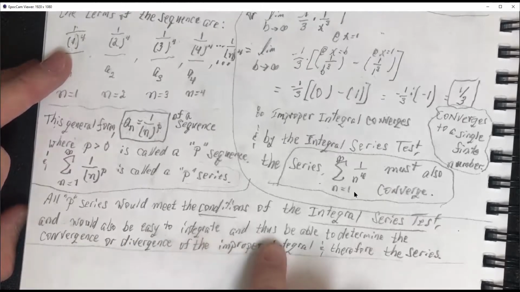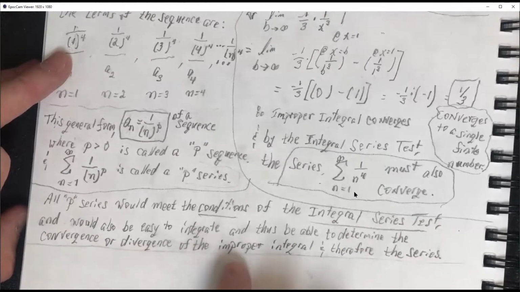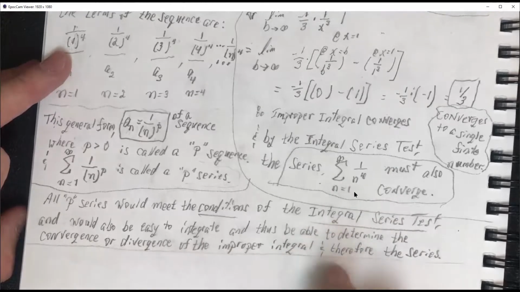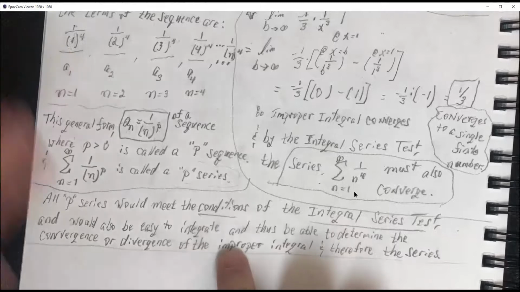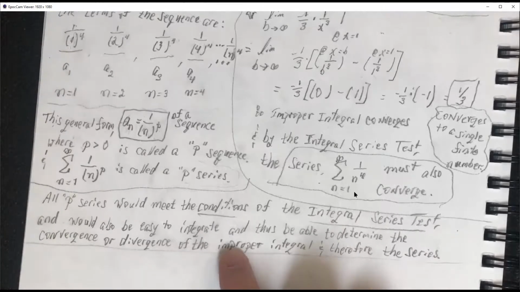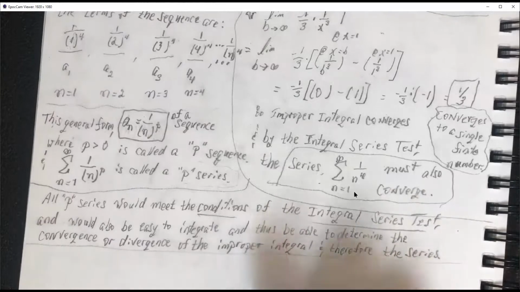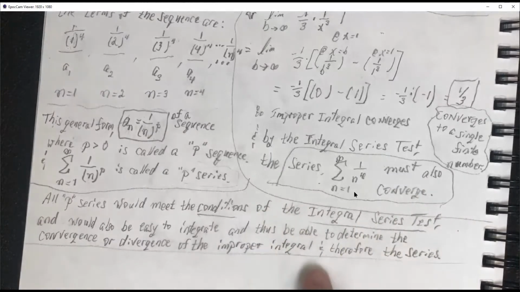Thus, we would be able to determine the convergence or divergence of the improper integral, like we did up here. Once we've determined that, then the series, which was our initial question to explore and analyze, does the exact same thing as the improper integral. And so that's so good.